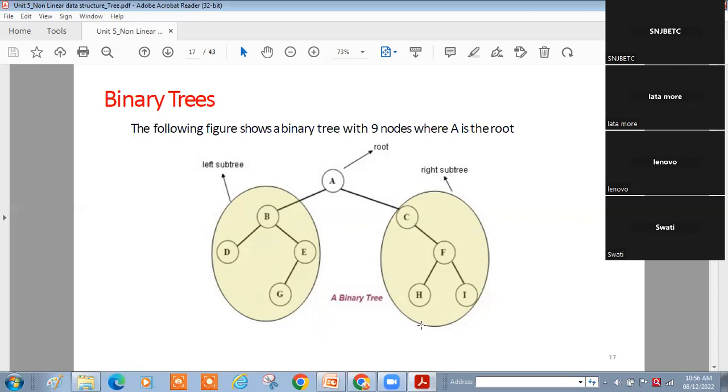That's why this 9 node tree is called a binary tree.